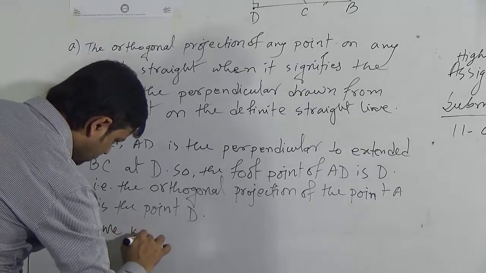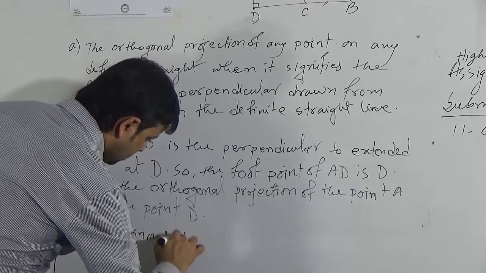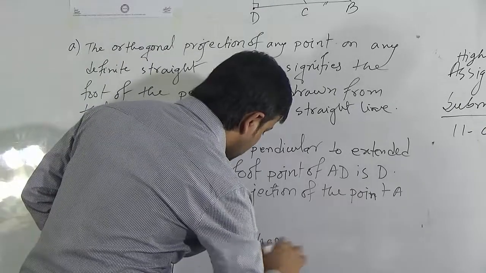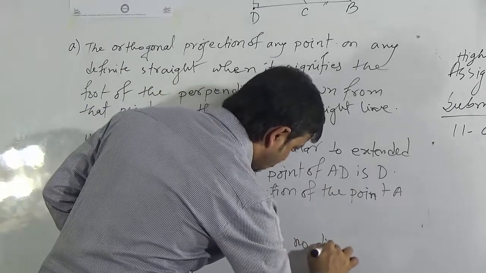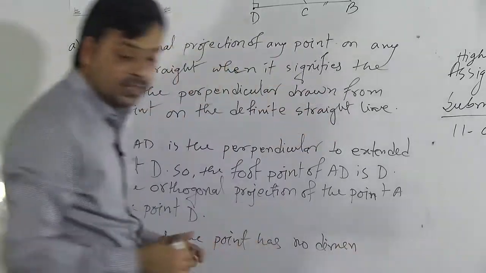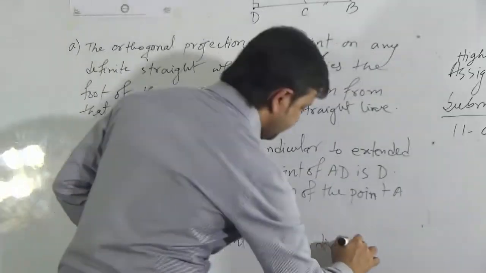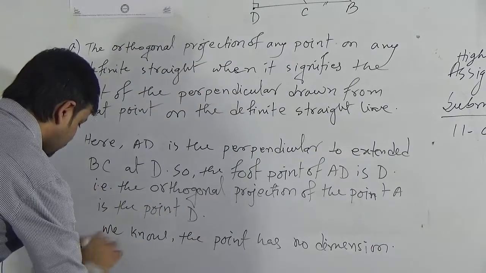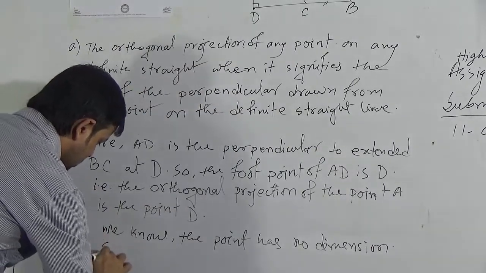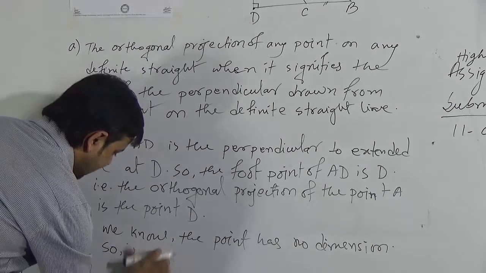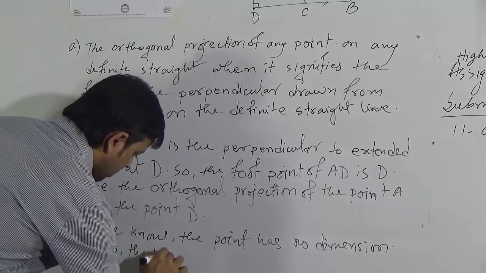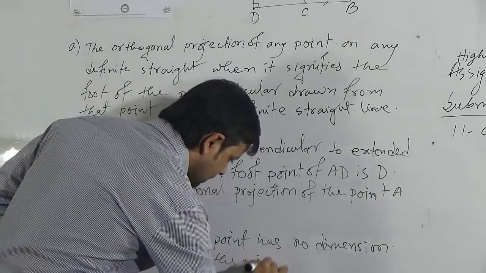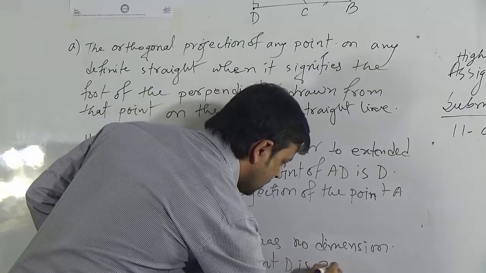We know the point has no dimension. As the point has no dimension, the length of the point D is 0.